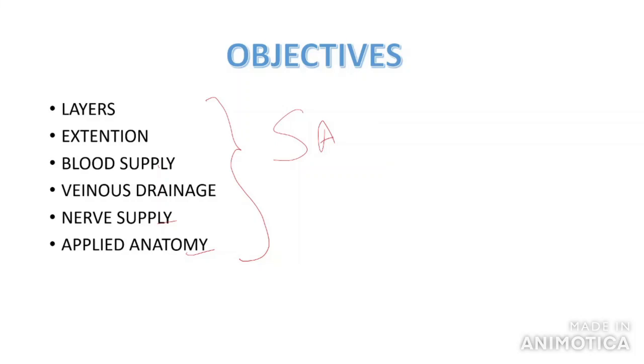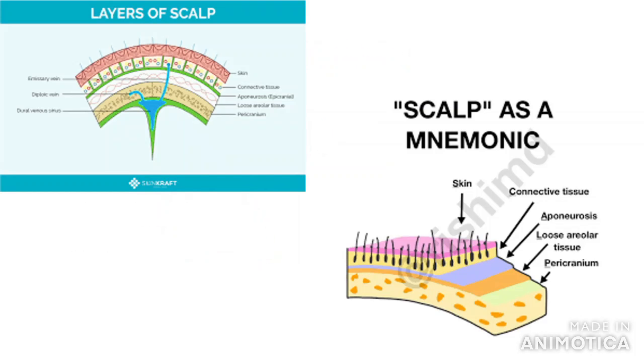So let's begin. The first topic that I'm going to cover is the layers of the scalp. When we talk about layers of the scalp, what is the most important thing? See, here I've written scalp. Layer of the scalp, remember करने के लिए, you have to remember scalp only as a mnemonic. So how does scalp count to be a mnemonic? You have S, C, A, L, P. हर जो letter है, they will resemble something.